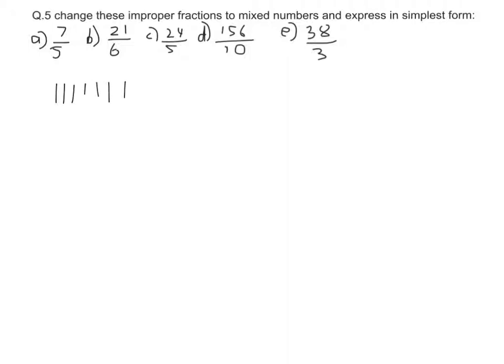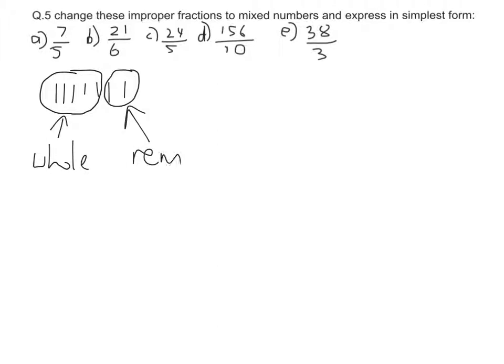So in this case, we have 7 lines here, and we know that in the number 7, there's only one group of 5 that is able to go into the number 7. So we have a remainder of 2. So this would be the whole, and this would be the remainder.